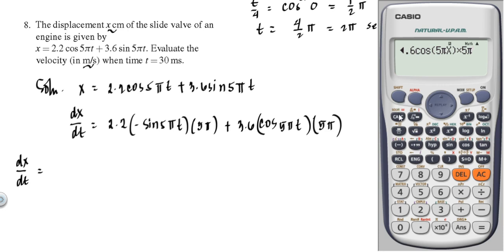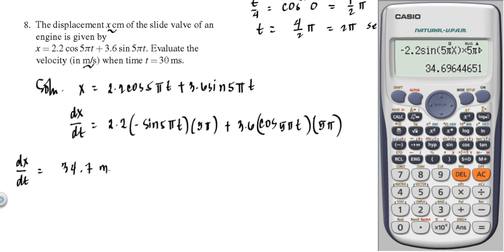There. Then we calculate. What is the value of x? X is yung time, yung t. That is 30 milli. Mahirap kasi isulat ito pagka mahaba. So, press equals. And the answer is 34.69 or 34.7.